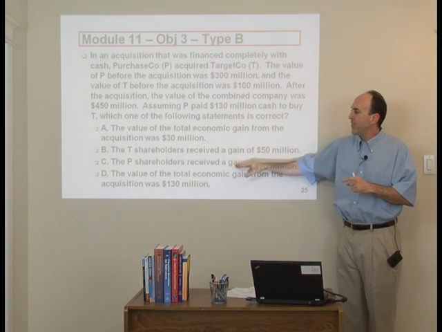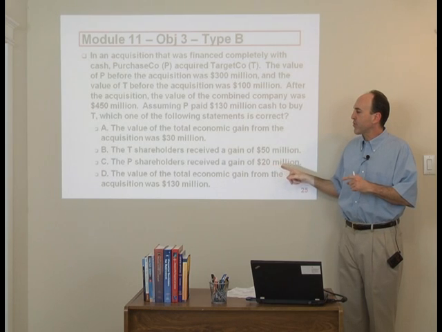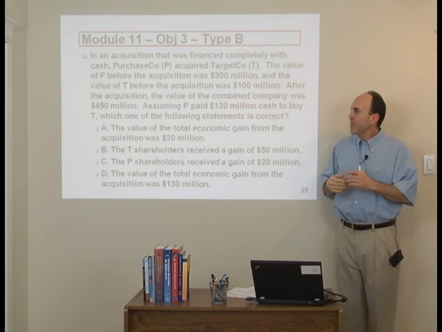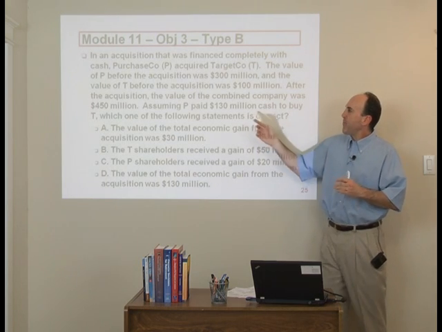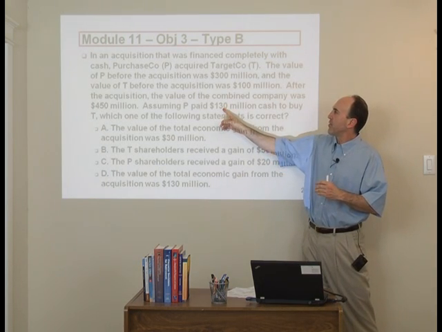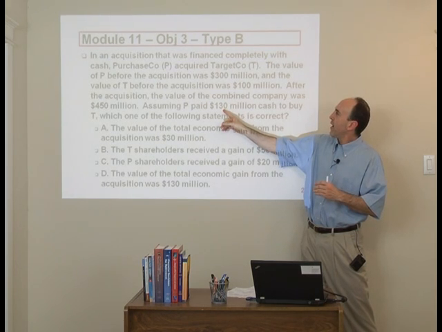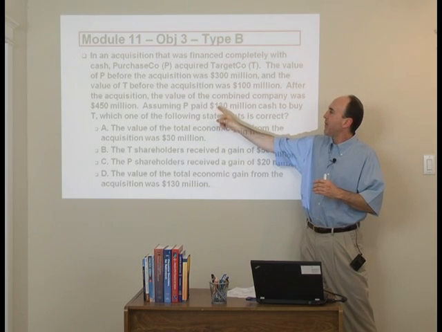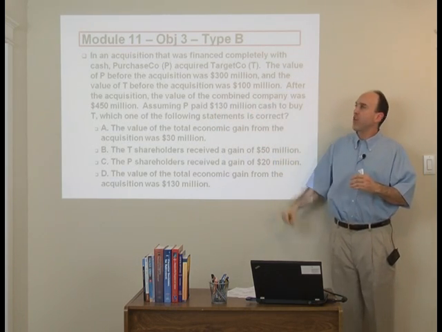What about this one, C? The P shareholders received a gain of $20 million. That is true because P paid $130 million, okay? And when you add in the gain here, it's a $50 million total economic gain. $30 million went to the target shareholders.